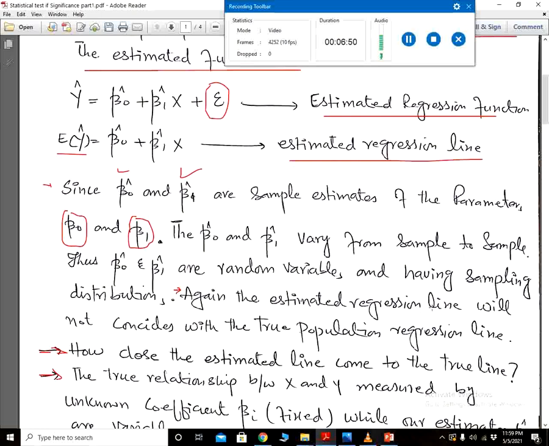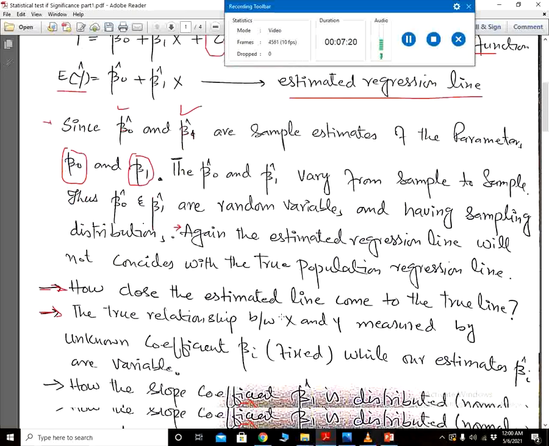Again, the estimated regression line will not coincide with the true population regression line. Yes, of course, we estimated a regression line and we have a population regression line. Both cannot coincide because we cannot accurately estimate the population regression line through the estimated regression line, because our estimated regression line is based on the sample data, a part of the population, so it cannot truly represent the population parameters or the population regression line.